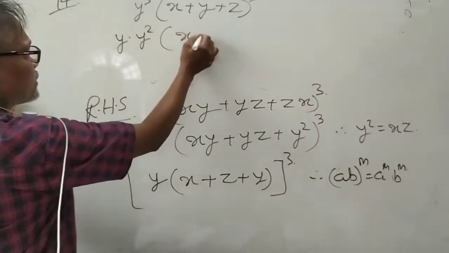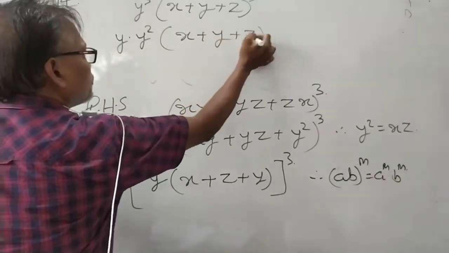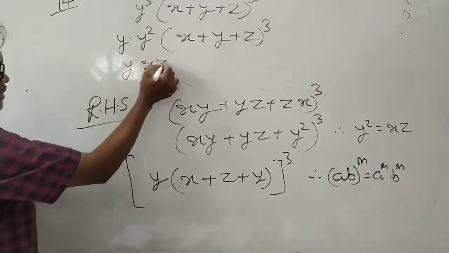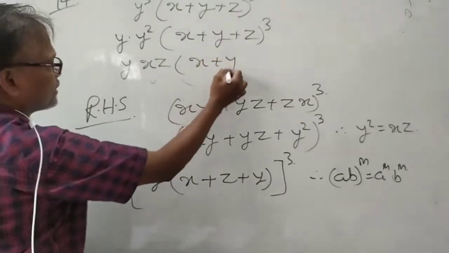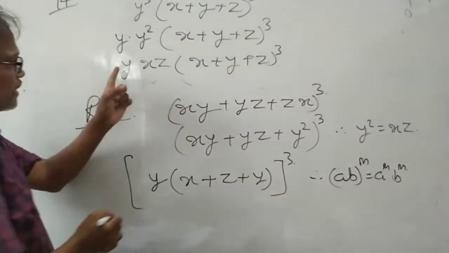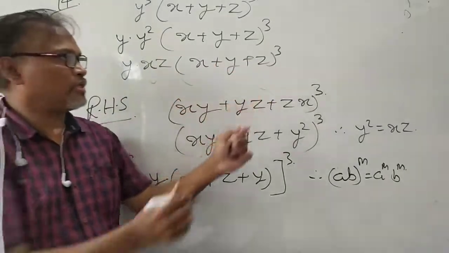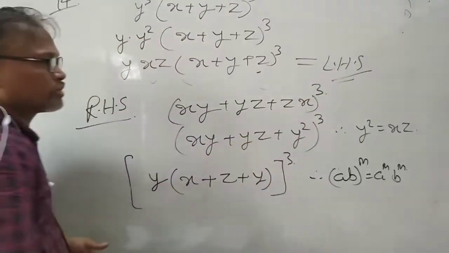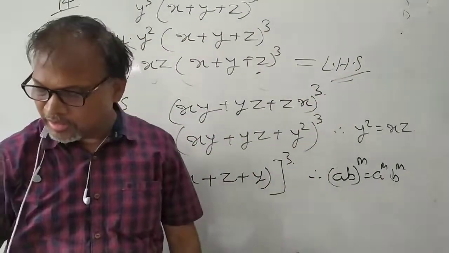Can you write? Yes. तो y square in place of y square you can put xz. Can you say that xyz into (x plus y plus z) whole cube is equal to left hand side, मतलब both are equal.